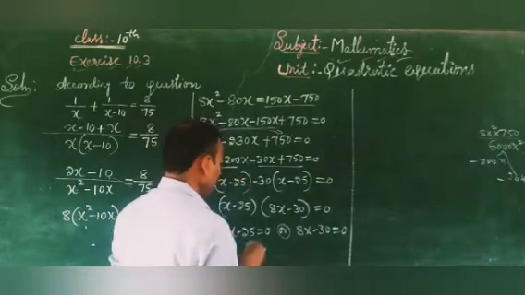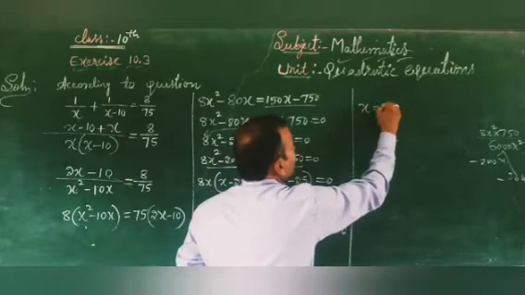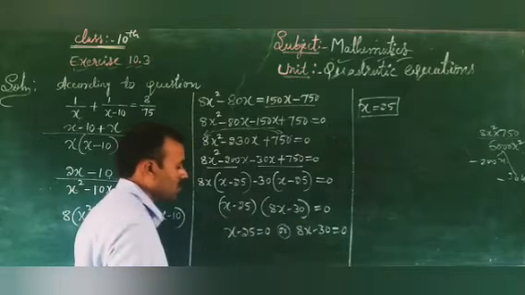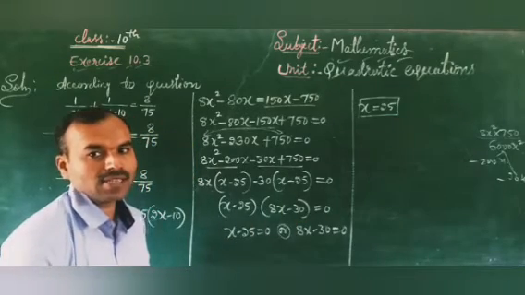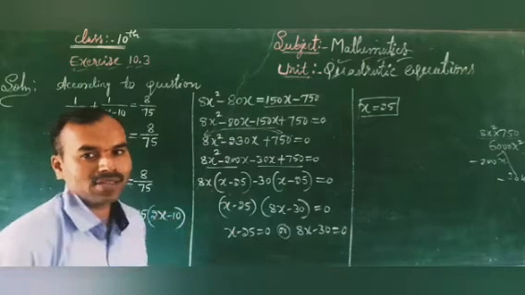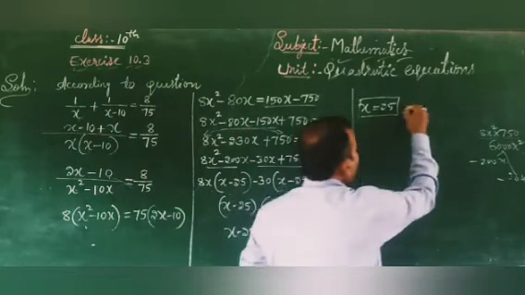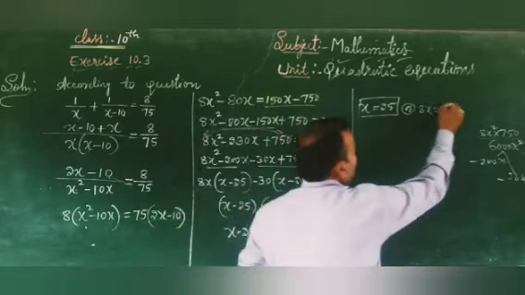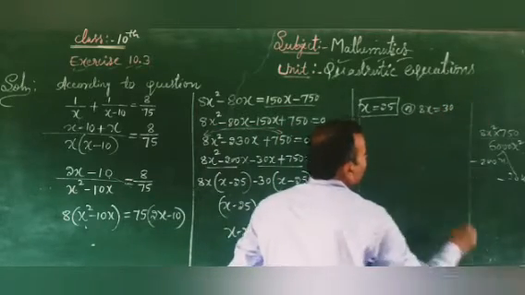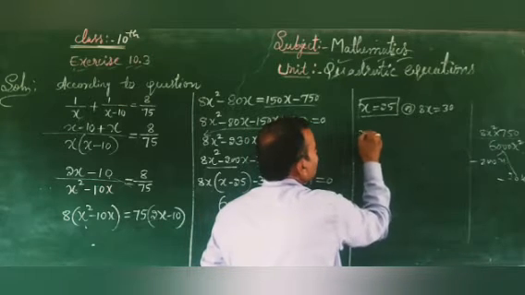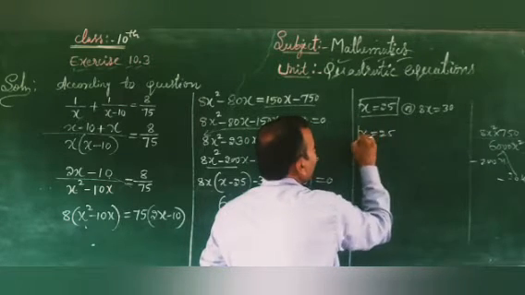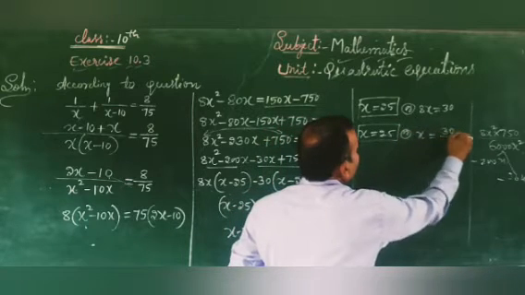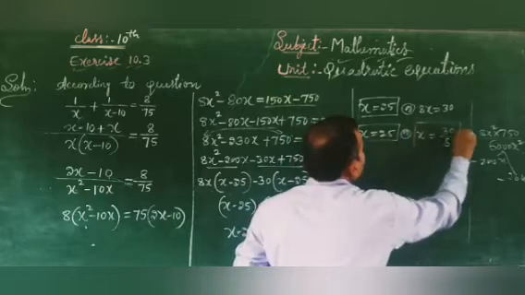So x equals 25, transposing minus 25 to the RHS, or x equals 30 by 8.